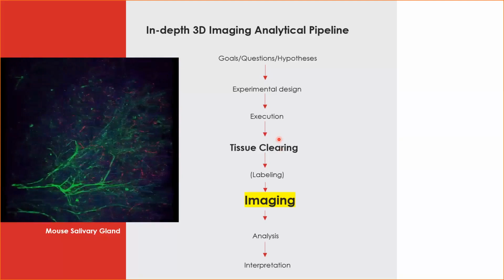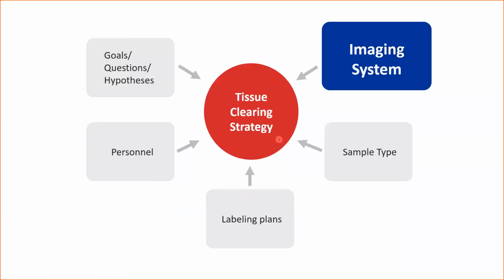In fact, from our experience, the other parts of this analytical pipeline should be planned and accounted for, if not prior, at least in conjunction with establishing a tissue clearing strategy. This is because these factors can significantly influence your overall tissue clearing strategy by determining the volume or size of the tissue that should effectively be cleared, and also by influencing the actual tissue clearing method that you choose.